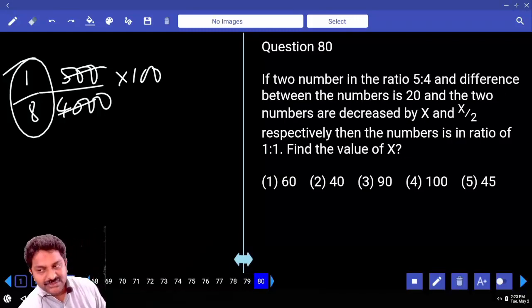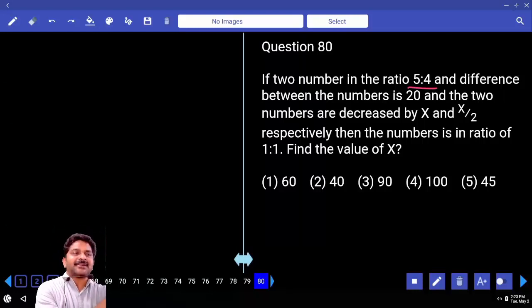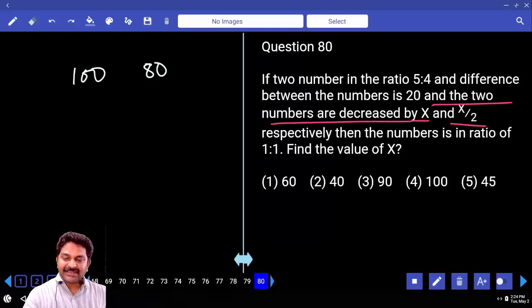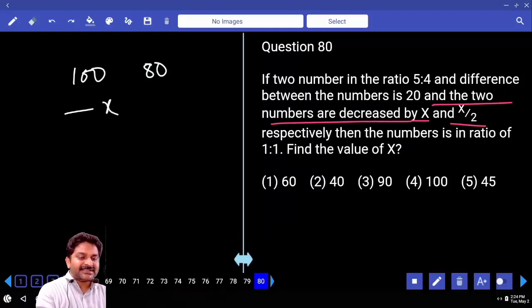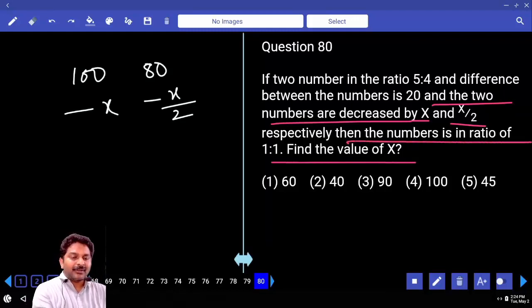Two numbers are in the ratio 5:4 and the difference between the numbers is 20. If the difference between numbers is 20 in terms of number of parts, one part is 20 only, then first number is 5 parts, 100. Second number 4 parts which is 80. Then the two numbers are decreased by x and then x by 2. Here it is x and here x by 2 is subtracted. Then the numbers are in the ratio 1:1.